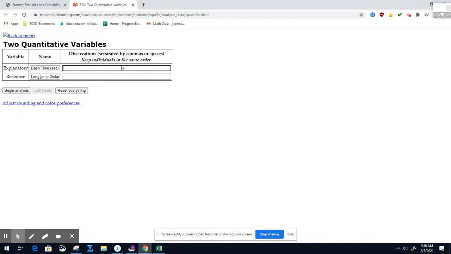I'm going to list all of my x's, and in the same exact order, I'm going to list all of my y's. So I have 5.41, 5.05, 7.01, 7.17, 6.73.